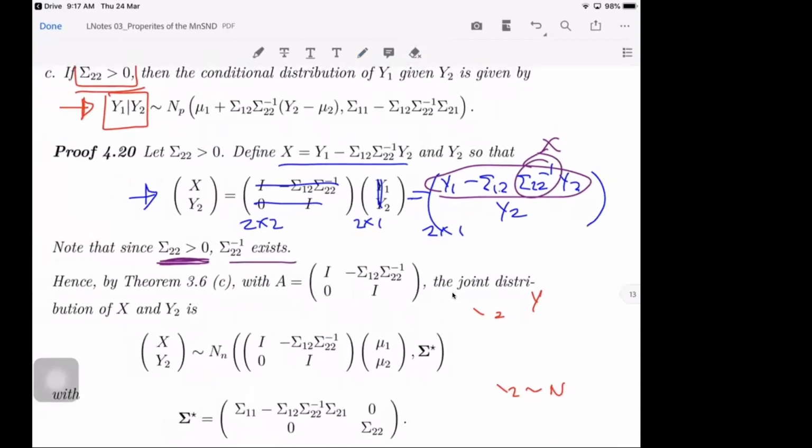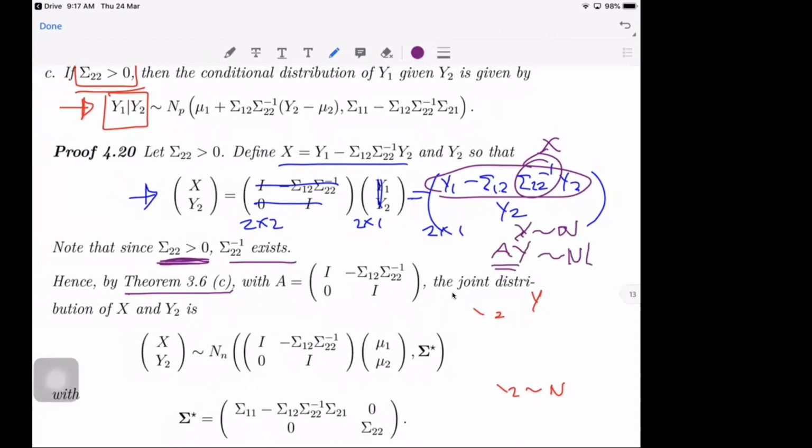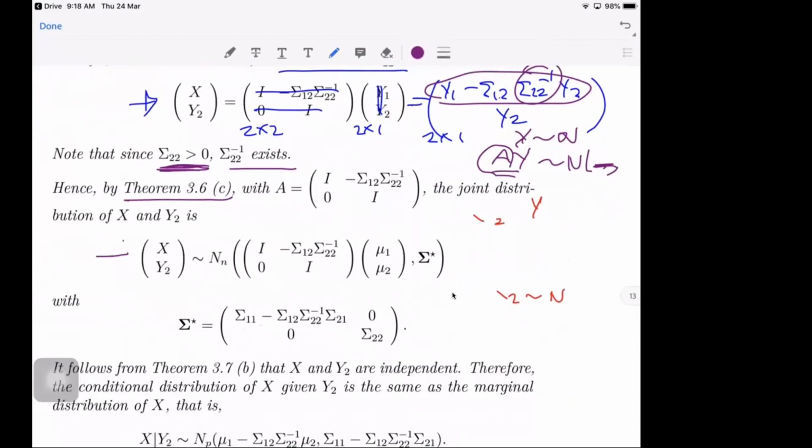So by theorem 3.6c, if you have a y which is normally distributed, say mu sigma, and try to find out what ay is, this is still normally distributed with parameters a mu and a sigma a prime. So if we find the distribution of this vector x, y2, then it is normally distributed.